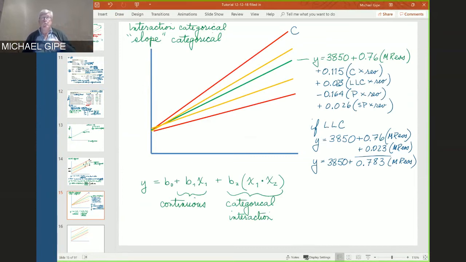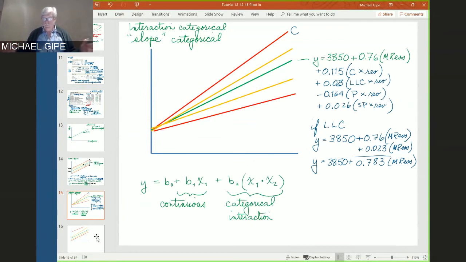And with this interaction term, we would rotate that line up, increase the slope of the model. A lot of people have difficulty with this, but hopefully look at it as you're going to add or subtract something to the initial slope of that continuous variable based on the interaction of each level of the categorical variable.